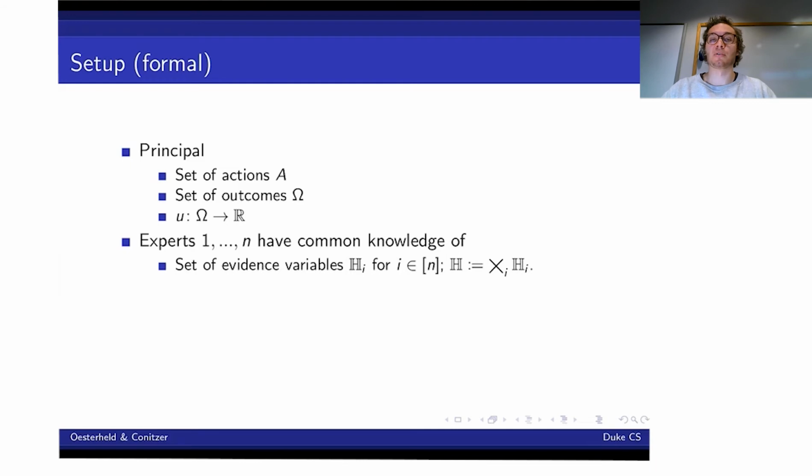So those were the research projects that the expert can acquire. In this earlier example, we had Bob, who can look at, for example, some existing data sets and think about what those imply for the principal's choice. So each expert has some set of possible evidence variables that he could acquire.